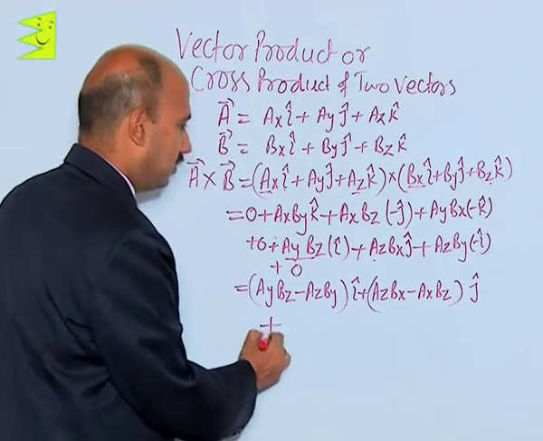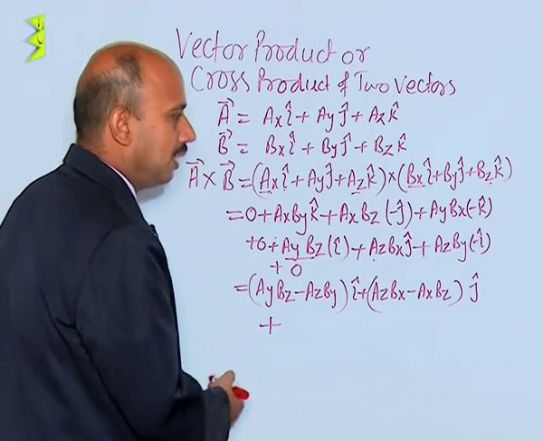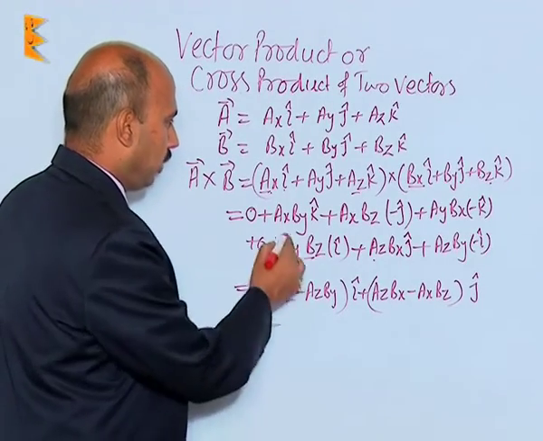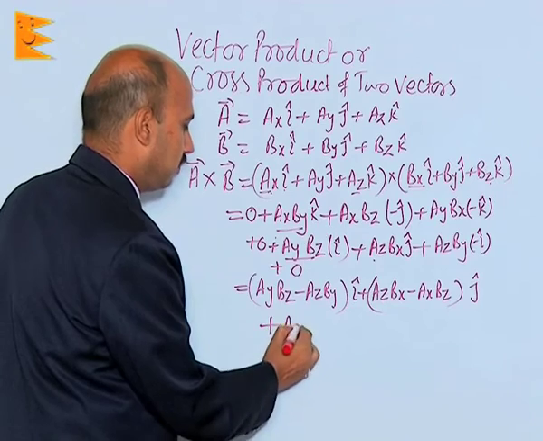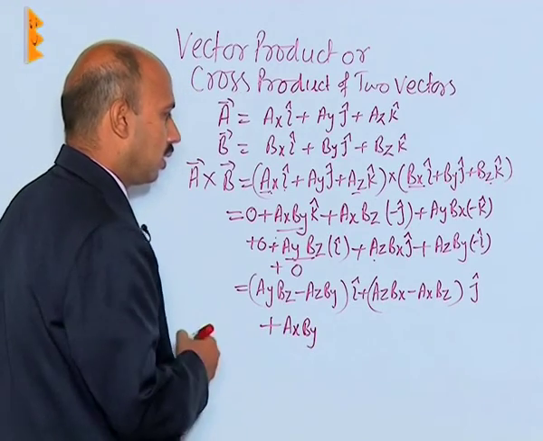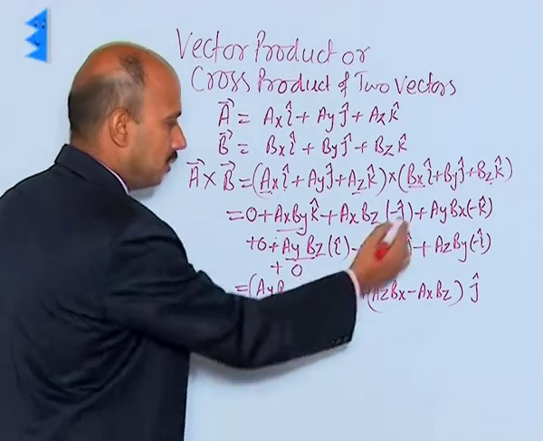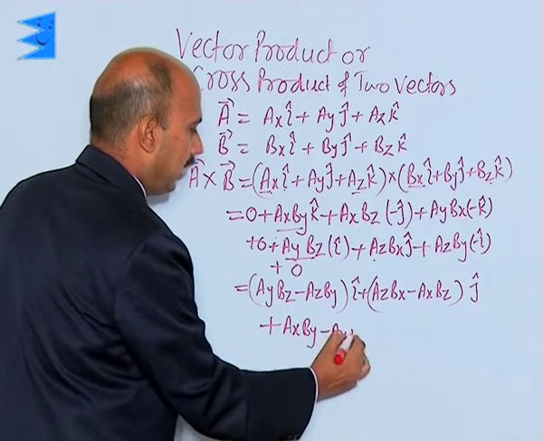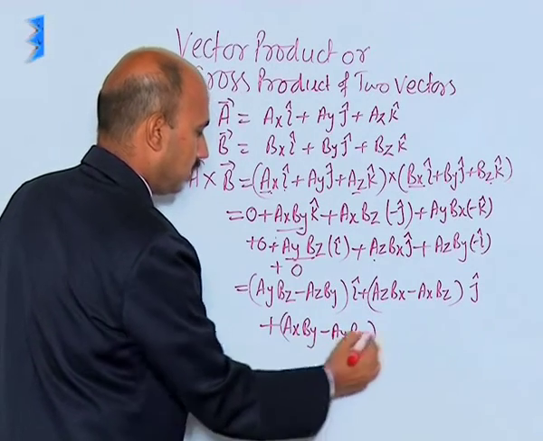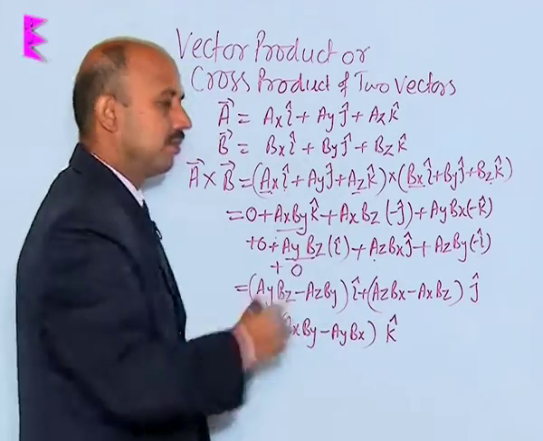Now plus we can take k: AX BY, and then minus AY BX, this is k cap.